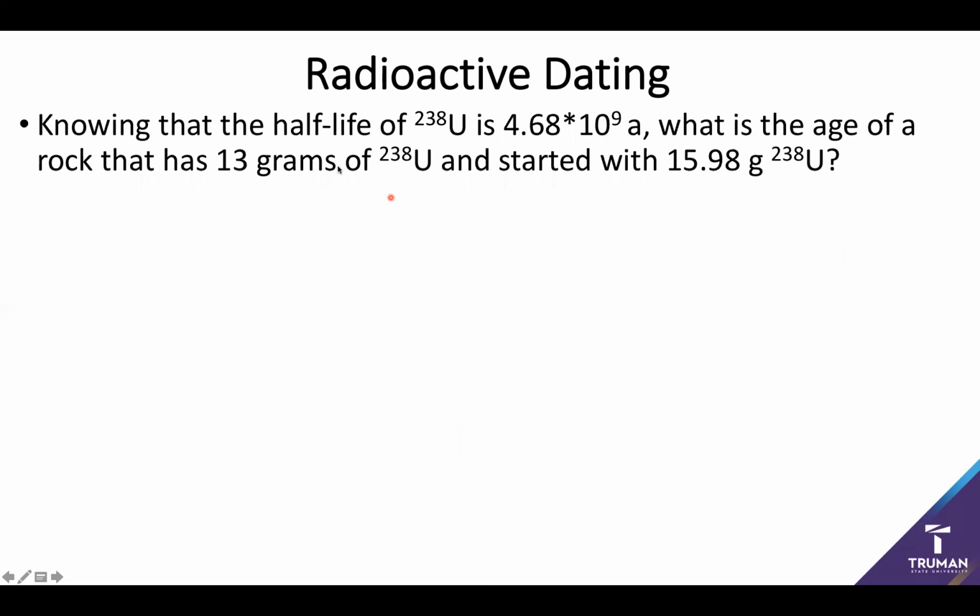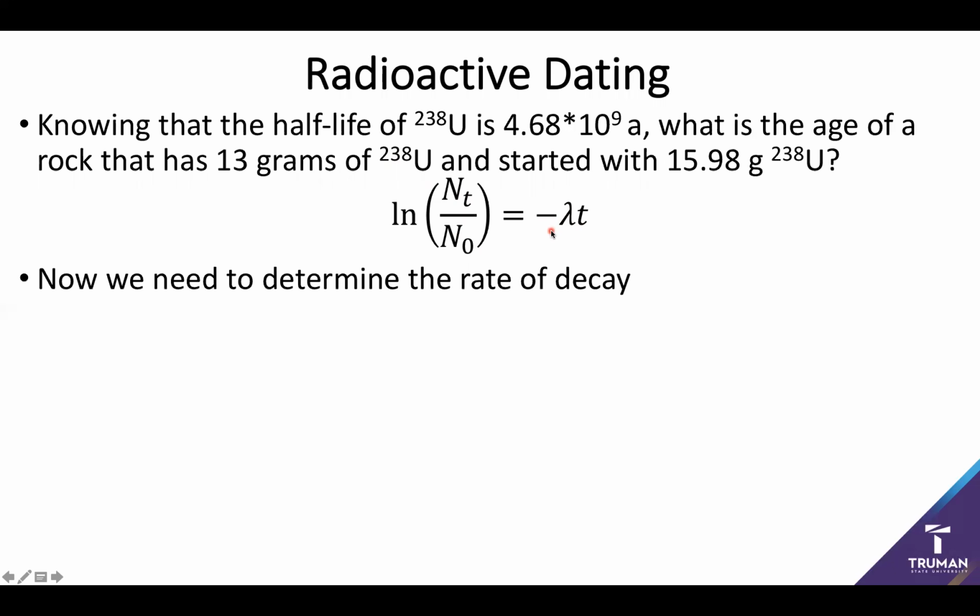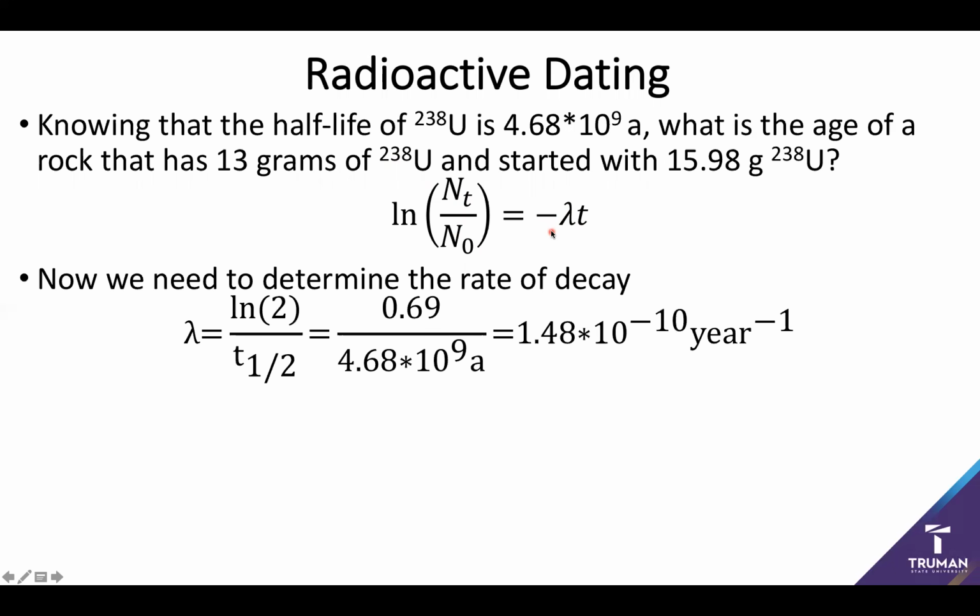Now, knowing that I have 13 grams and I started with about 16 grams, what's going to be the age of the rock? So for that, I'm going to need this equation. Now, I've got my ratio. I need to solve for time. But first, I need my decay constant. So my rate of decay can be determined from the half-life, again, just using natural log of 2 over the half-life.